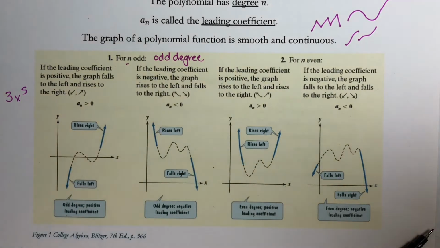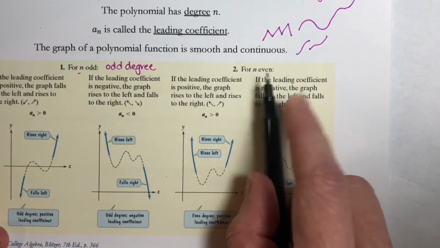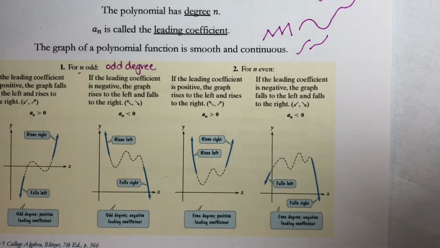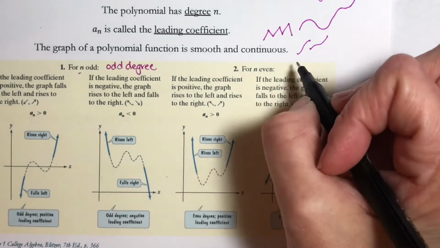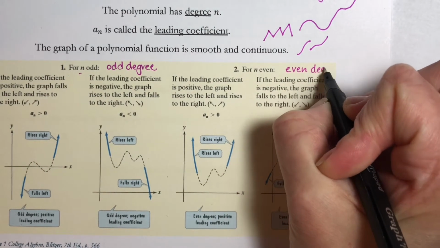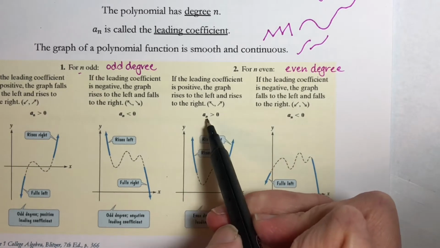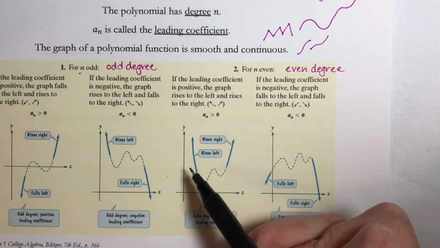Now if we have an even degree, this would be like what we did in the last section where we have a square. If we have an even degree, then if our number in front is a positive number, both ends point up.